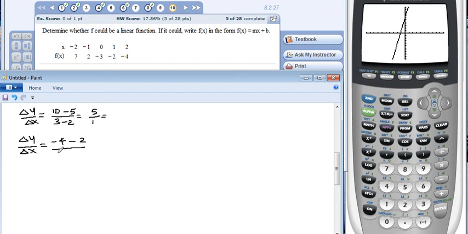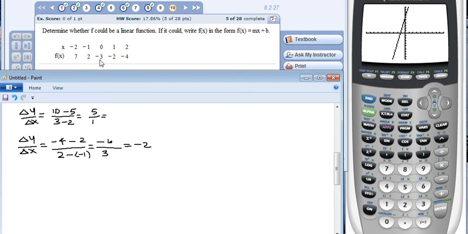And up on top on the x values, we have 2 minus a -1. All right, so -4 minus 2 is -6. And 2 minus a -1 is like 2 plus 1, which is 3. And -6 divided by 3 is -2.